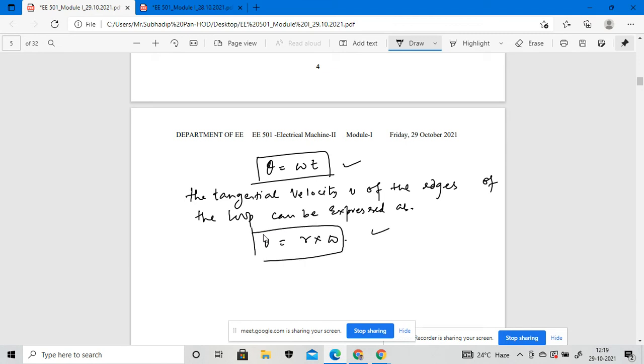We can express the tangential velocity using this equation, where r is nothing but the radius from the axis of rotation out to the edge of the loop.